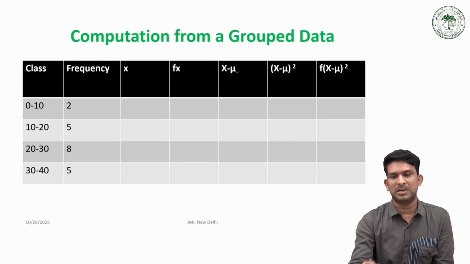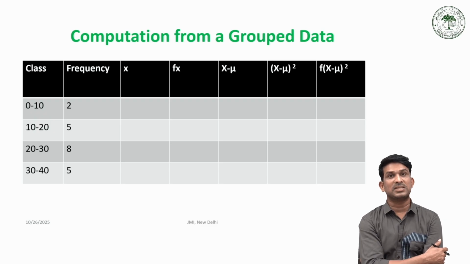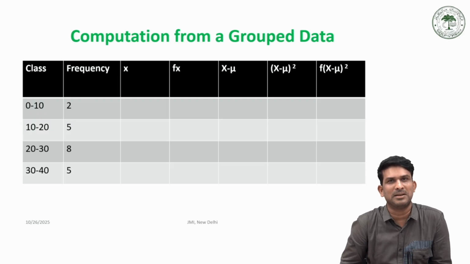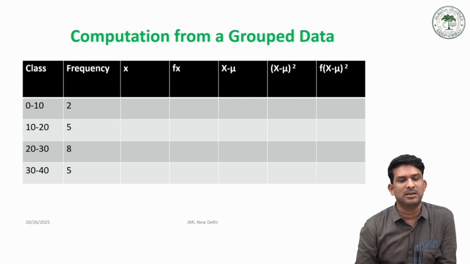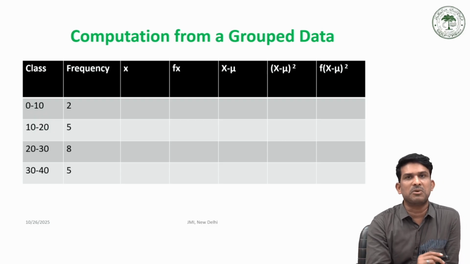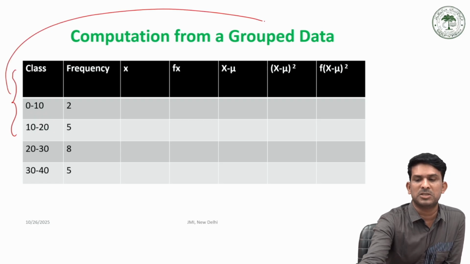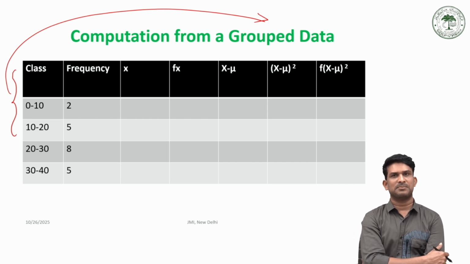X minus x bar, all these things I have mentioned. What is the status of a group data? How do we mention this as a group data? Yes, since it is a frequency distribution, classes and frequencies are given. This is called a group distribution, a group data.